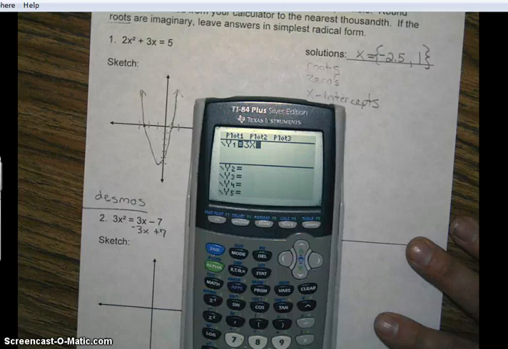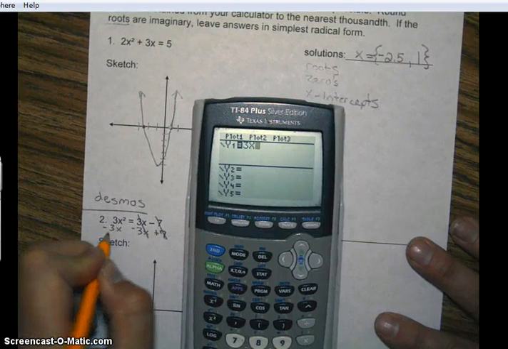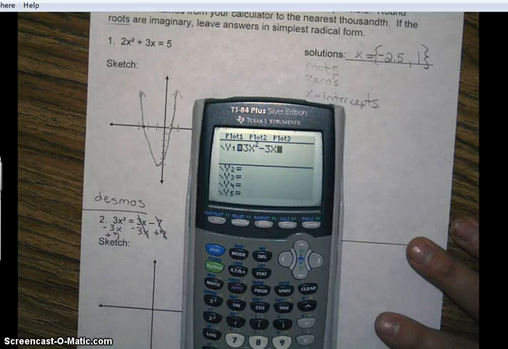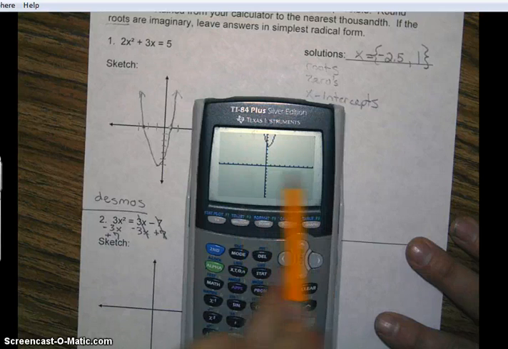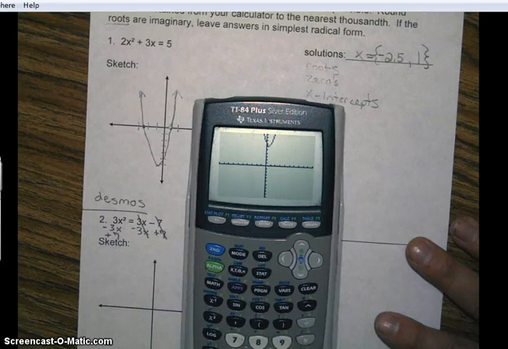So I'm going to cancel those out and move them over here. So 3x squared. Okay, let's graph it. Notice it doesn't cross the x-axis, so we do not have real solutions. We have imaginary roots.